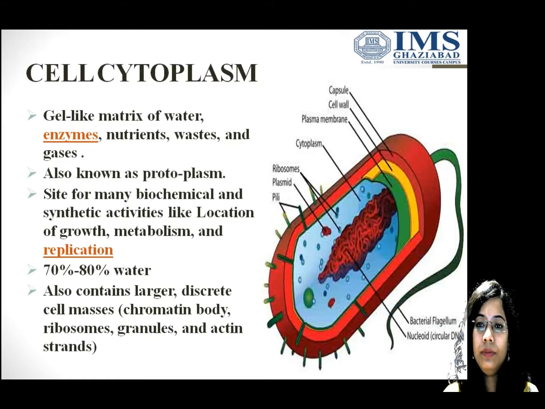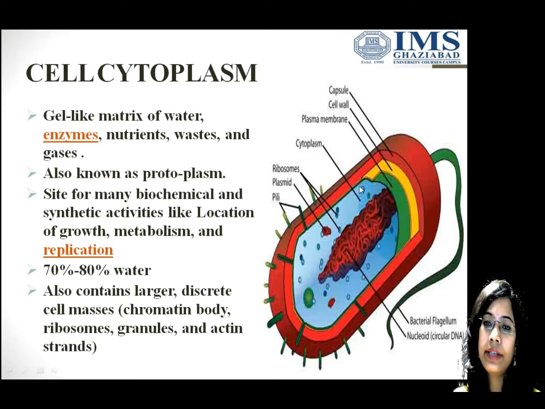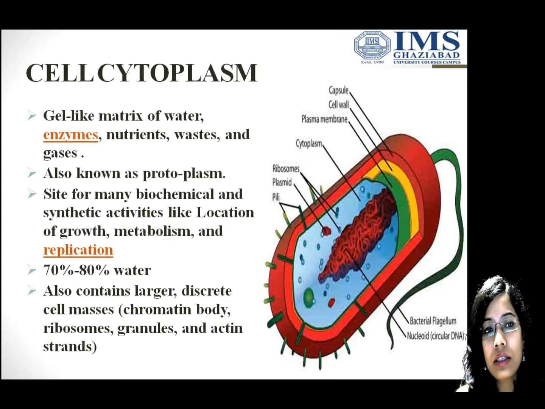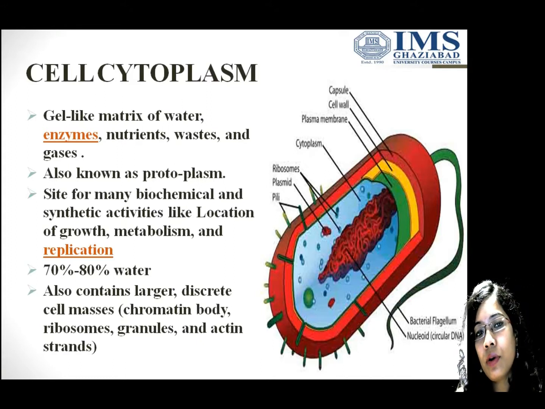Cell cytoplasm. This blue structure is the cell cytoplasm, which is aqueous in nature, watery in nature. The water content here is 70 to 80%. Gel matrix of water consists of enzymes, nutrients, waste, and other gases. It is also known as protoplasm.